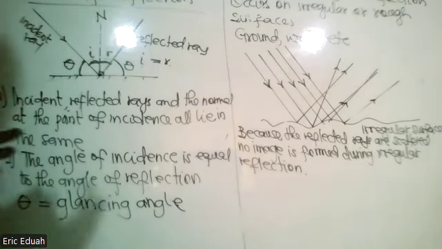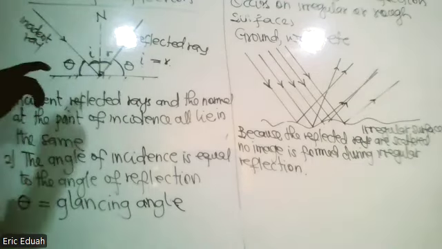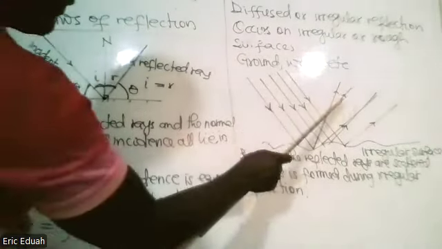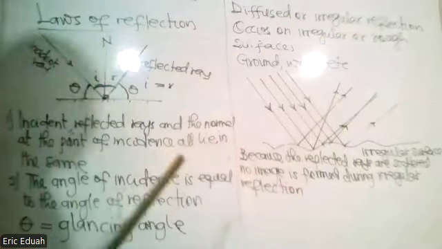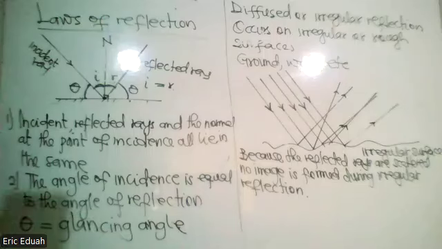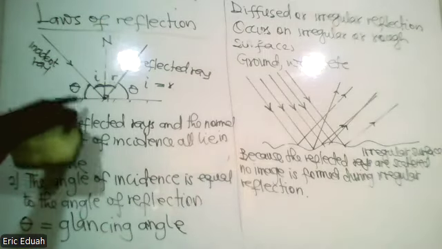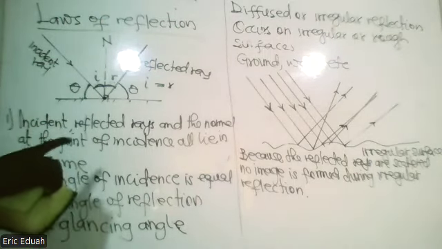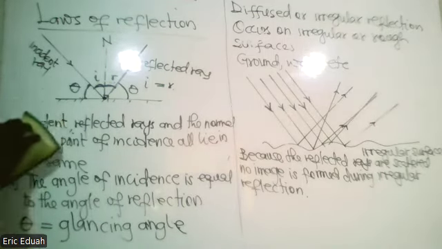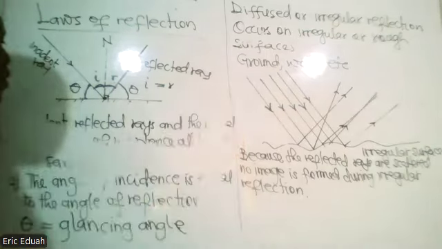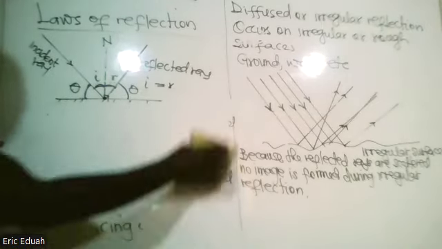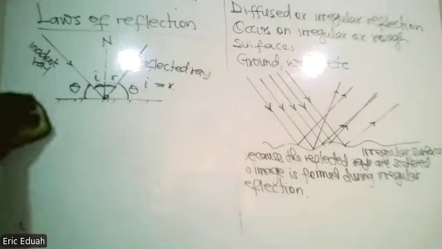So for any reflection, whether regular or irregular, each of them obeys the laws of reflection. Now let's also understand: we've seen angle of incidence, angle of reflection, the glancing angle. Let's also look at the angle of deviation. And with mirrors, how do we calculate the angle of deviation?